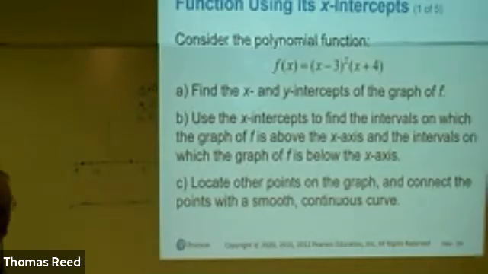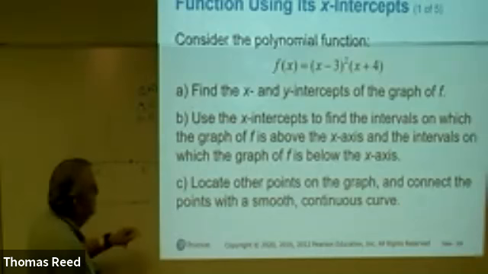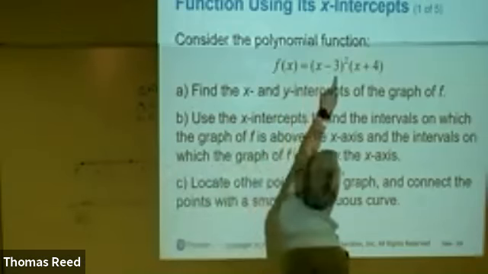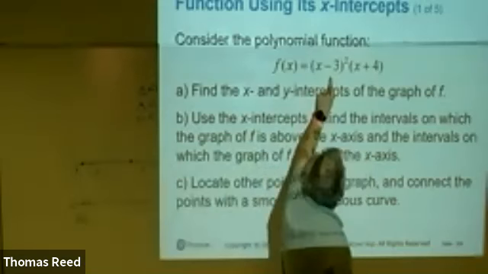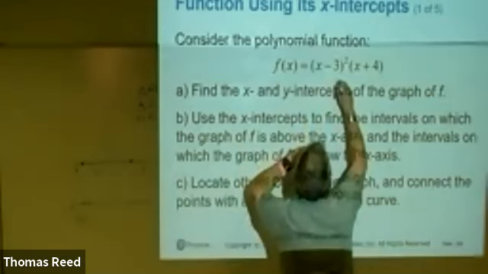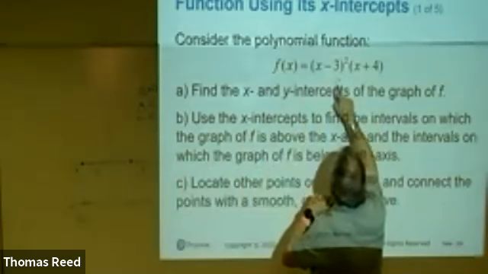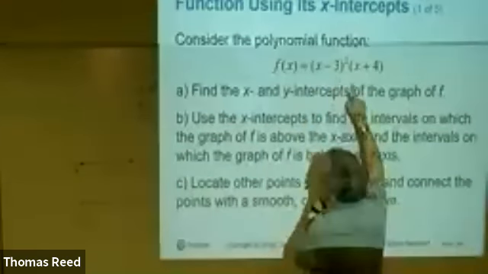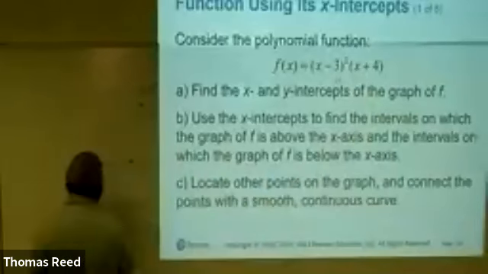So I'm going to find f of -5. So -5 minus 3 is -8. -8 squared is 64. -5 plus 4 is -1. 64 times -1 is -64.